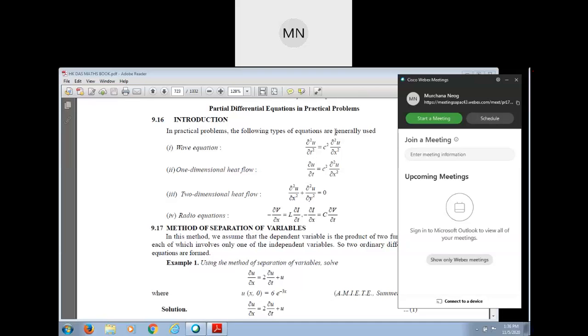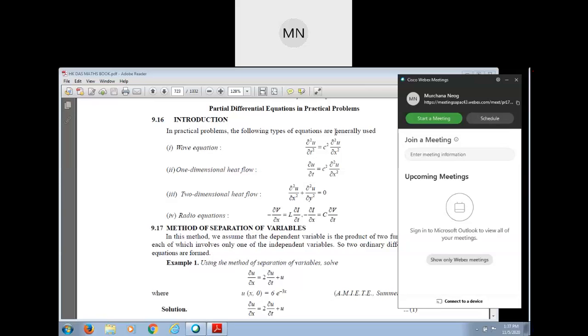Today we'll discuss some standard linear partial differential equations. In the previous class, we already discussed homogeneous and non-homogeneous linear partial differential equations, and the methods for solving them for order 2.